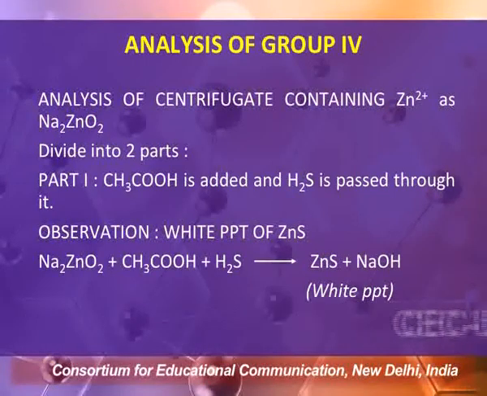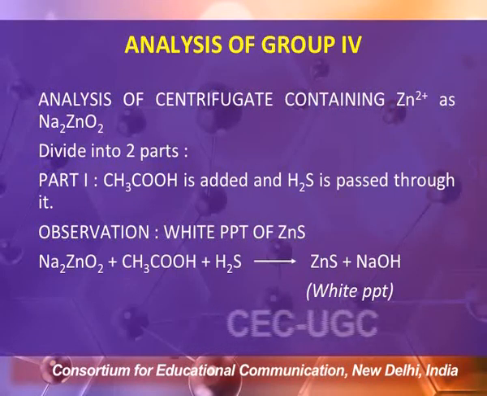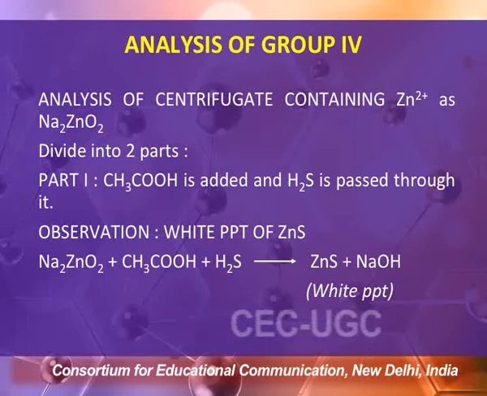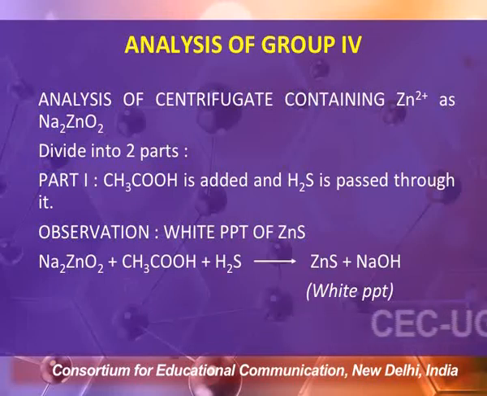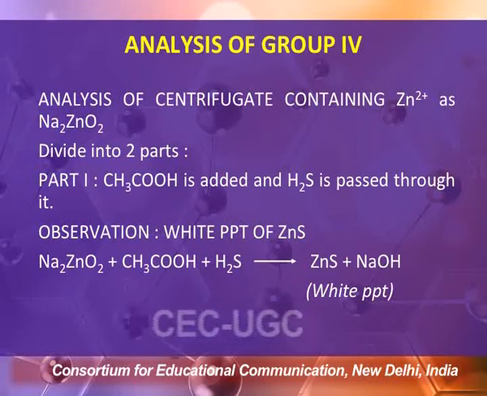If white precipitates are obtained upon passing H2S, then these white precipitates are of zinc sulfide. Sodium zincate along with acetic acid on passing H2S forms zinc sulfide, which is a white precipitate, and this confirms zinc in the mixture.